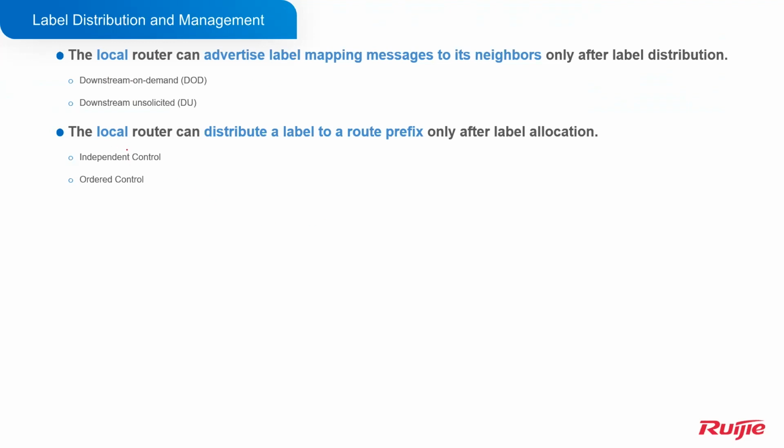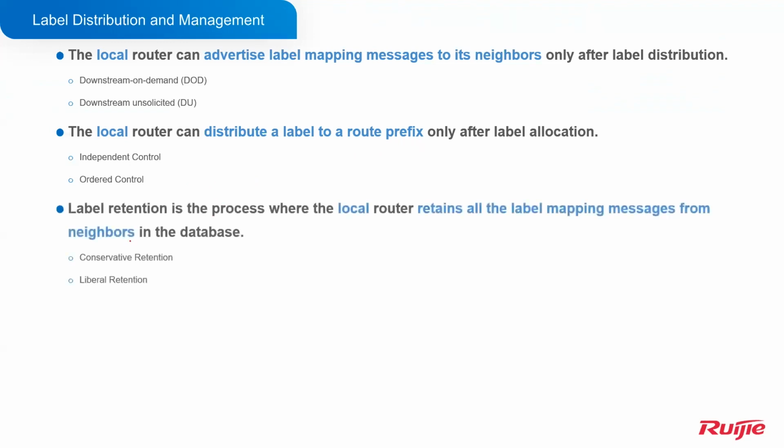And the local router can distribute a label to a route prefix or not. That means all the local routers can assign in labels or not: independent control or ordered control, different types. Another is label retention, where the local router retains all the label mapping messages from neighbors in the database or not.